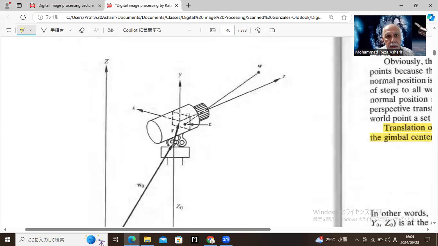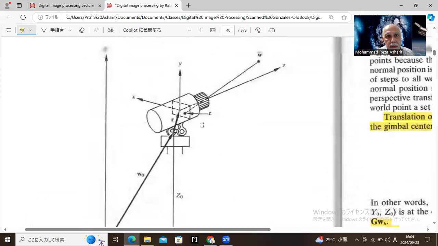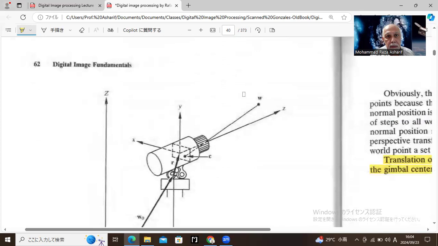After this translation, rotation, and so on, we can match this coordinate to this coordinate, and from the world coordinate, we can obtain C, which is the image coordinate, exactly on the image in millimeter, because this is in meter, it's just in the world, and this is in meter.